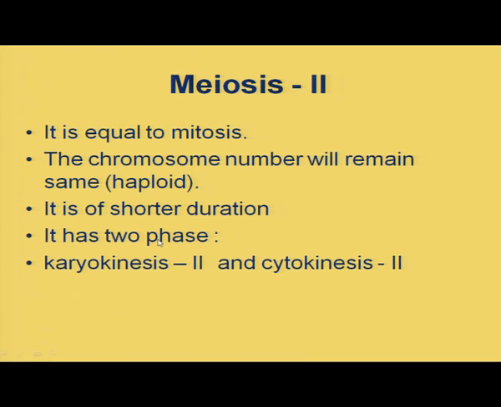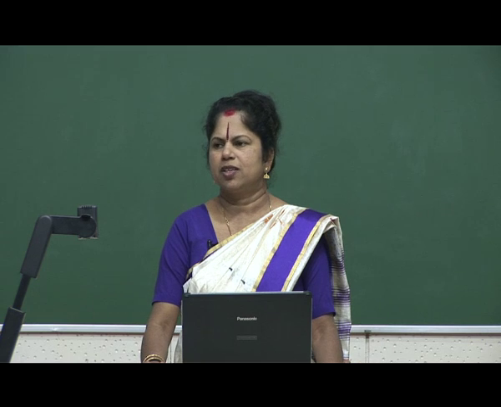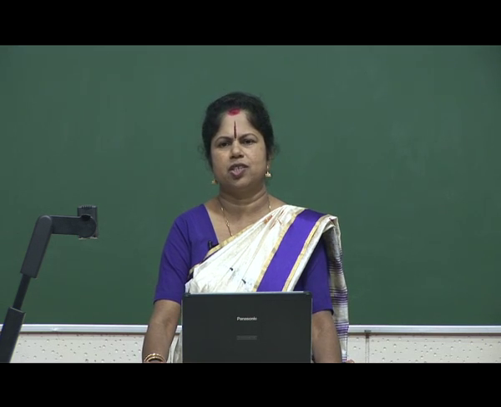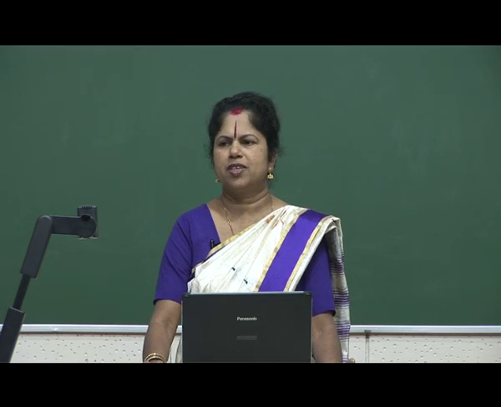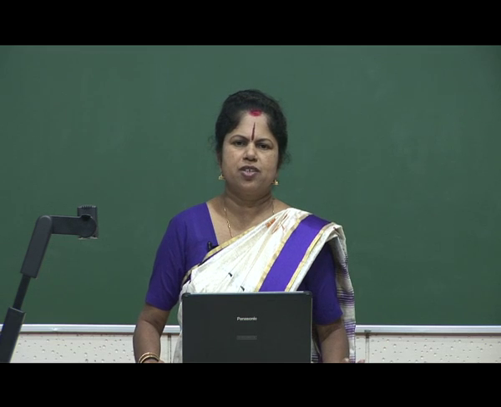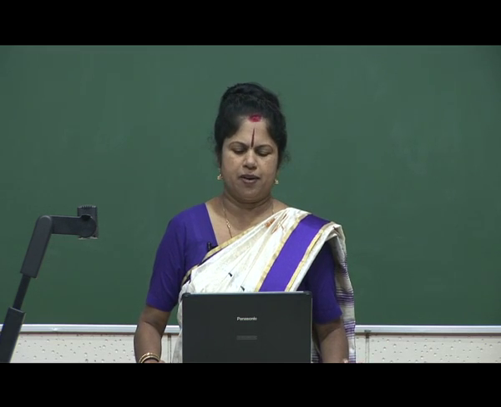Now, coming to meiosis 2. Meiosis 2 is exactly similar to that of mitosis. So, it is which division? Again it is equational division. Mitosis is known as equational division because the two daughter cells formed after this are qualitatively and quantitatively similar.